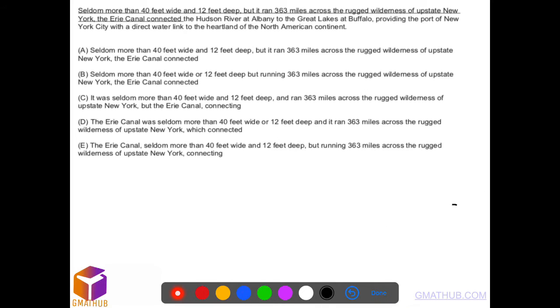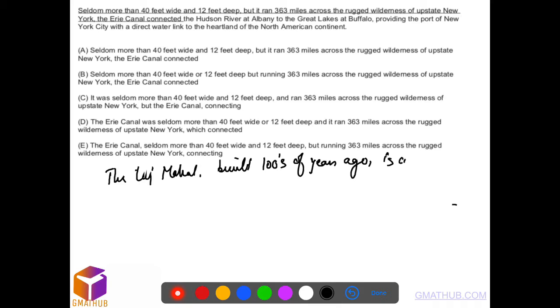Let's see one sentence. The Taj Mahal, built hundreds of years ago, is a masterpiece of architecture, let's say. Now within the commas, built hundreds of years ago refers to the Taj Mahal.